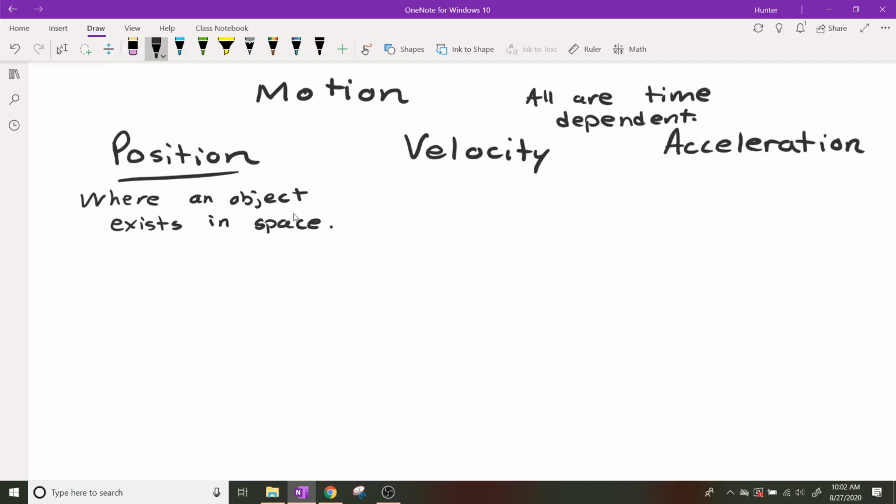Now, in AP Physics, we're usually going to refer to a position by a straight line position, so either just an X position or an X and a Y position, okay? You can have a positive position and you can also have a negative position. If you're standing on the ground, we normally consider that position in the Y direction to be zero.